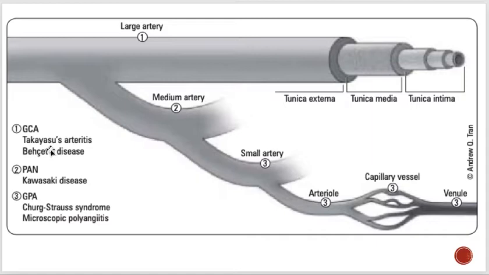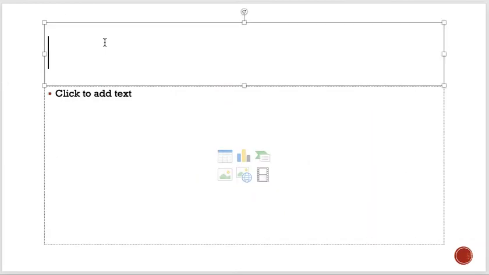Okay. Now I would like to talk about a few of the conditions in this lecture. The first one which I will be talking about is, no, sorry, the second one, because Takayasu I already talked about.